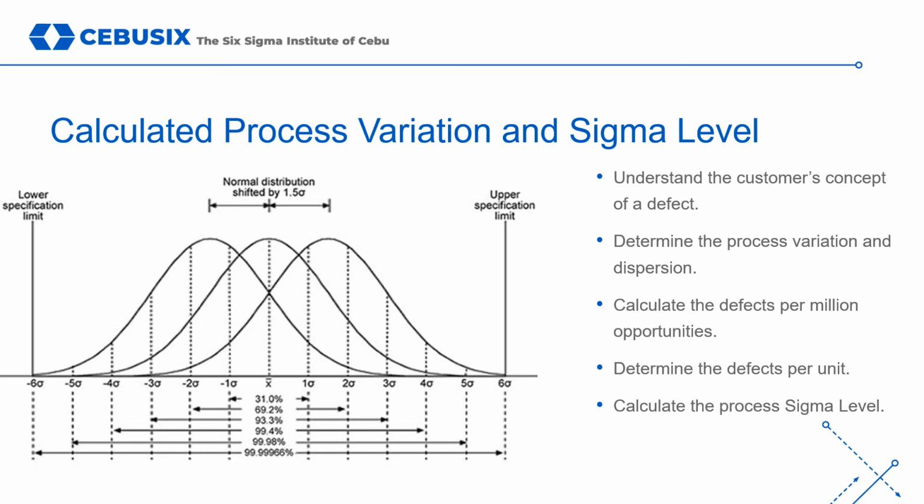We have calculated the process variation and dispersion, so we know where and what our focus should be on. We should already know what the defects per million opportunities are and the defects per unit are, because these would have been discovered and calculated as we calibrated the measurement systems.